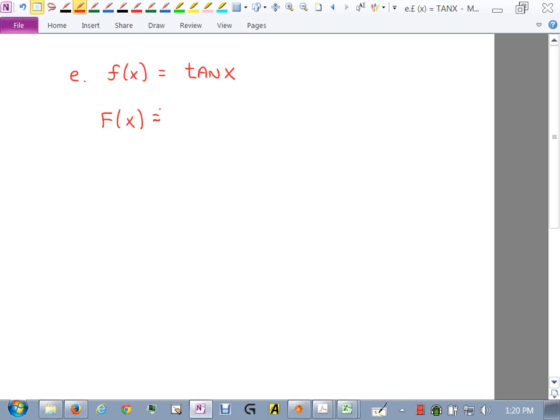So what do you take the derivative of to get tangent? It's not there, right? We never did that, did we? Now, let me tell you what it is, and then we'll check it.